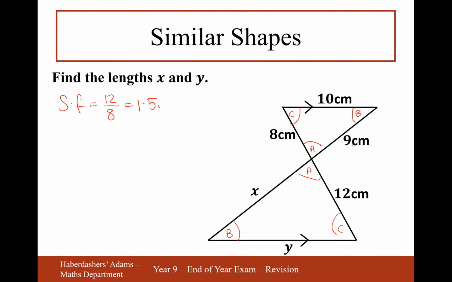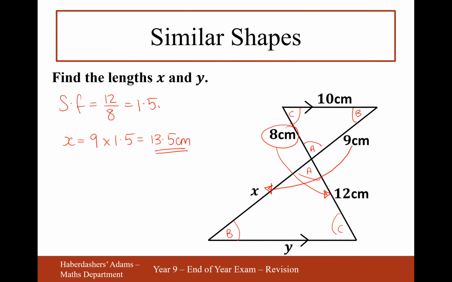Now to get x, we need to go from the 9 to this x here, and it was the smaller triangle to the bigger triangle in that case, so x is going to be made larger by multiplying by 1.5, and that will give us 13.5 centimeters.